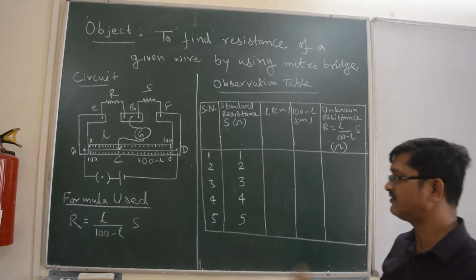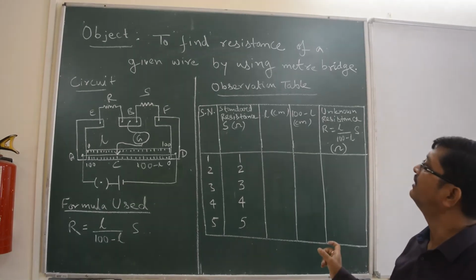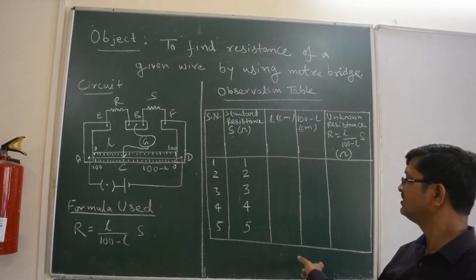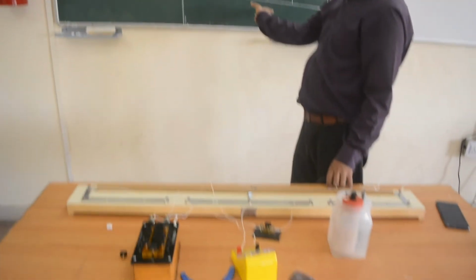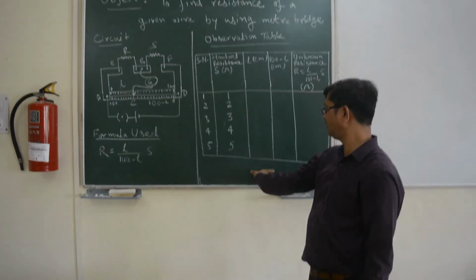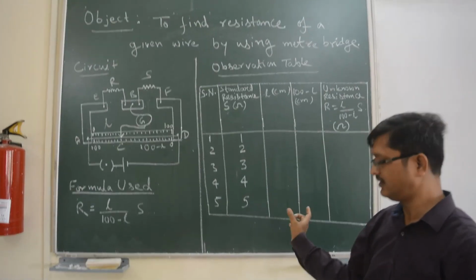You will find the average of R to get the mean value of the unknown resistance, which is nichrome here. So the material is nichrome. The resistance of the nichrome wire of certain length and cross sectional area, you will report in the result.